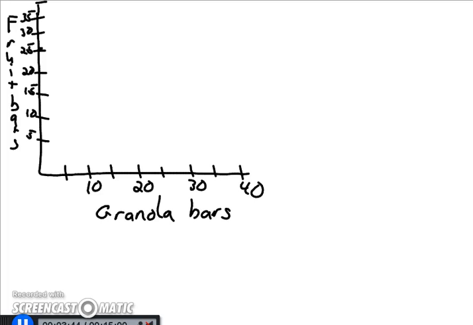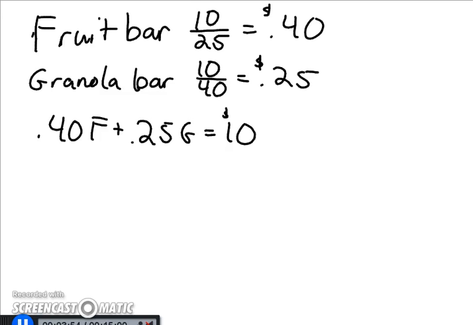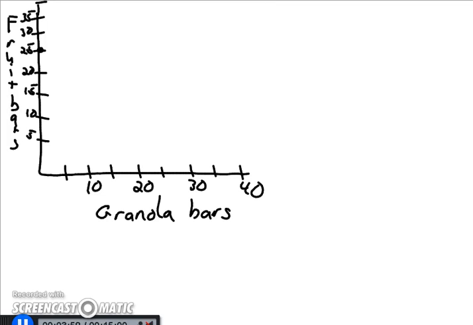Similarly, we said that she could buy 40 granola bars, but it would mean that she has no fruit bars. She would have to use all her money to buy granola bars. So if we connect these two dots, we have the graph of that equation.